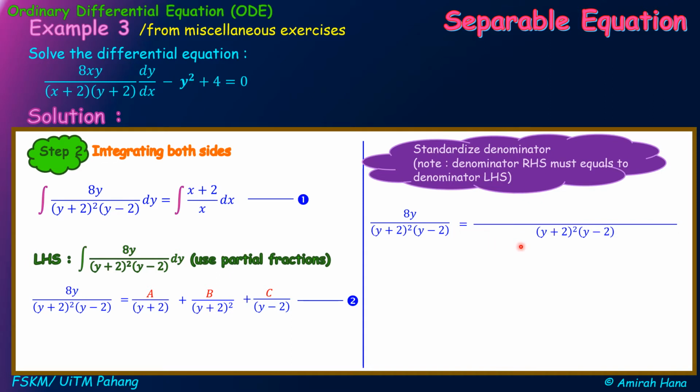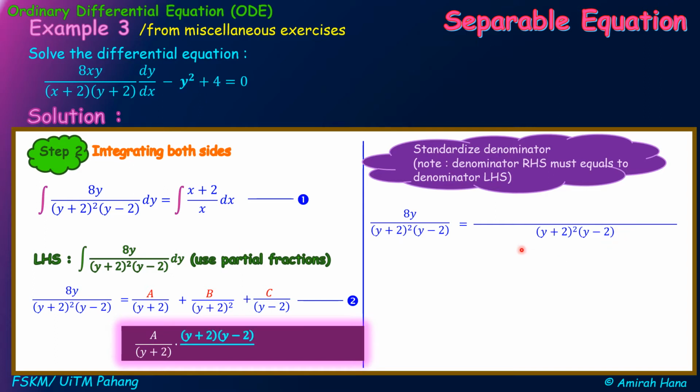Okay. We write a fraction with the same denominator as the left hand side. Alright, now, for numerator A here, to write into the form of denominator (y plus 2) squared times (y minus 2).